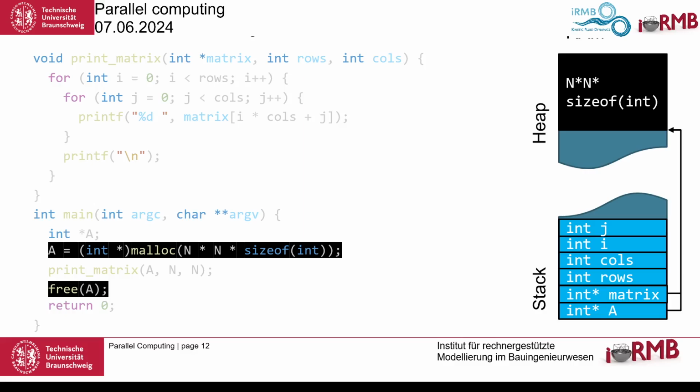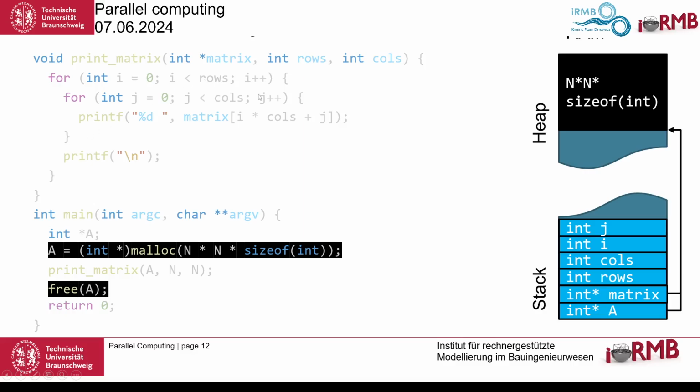Now this is also related to the scoping. You know there are these scopes that are indicated by these brackets. The new variables that are inside this scope become invalid once you run out of the scope.